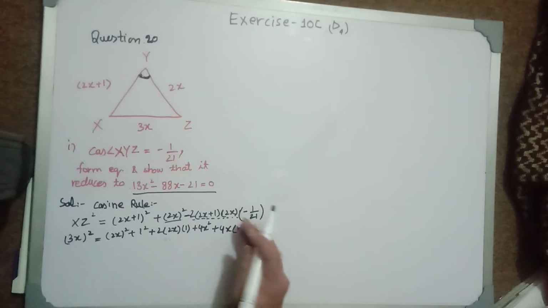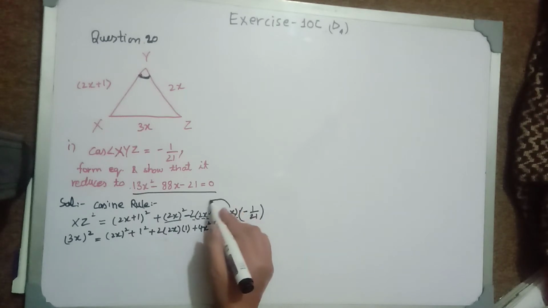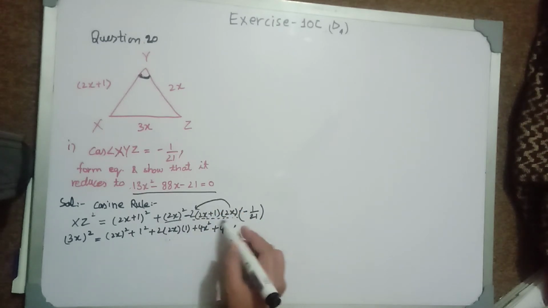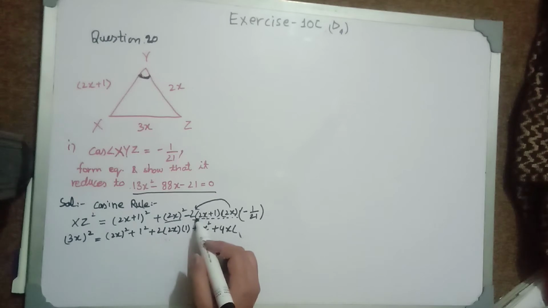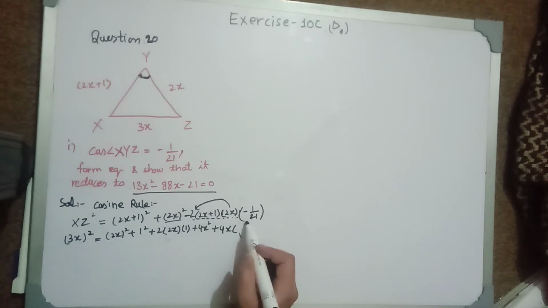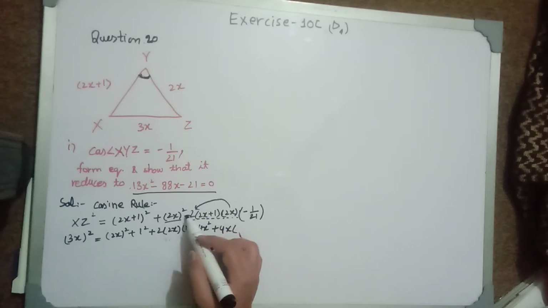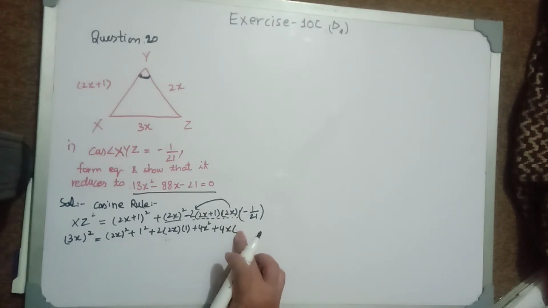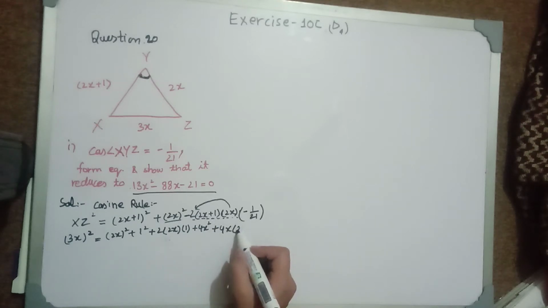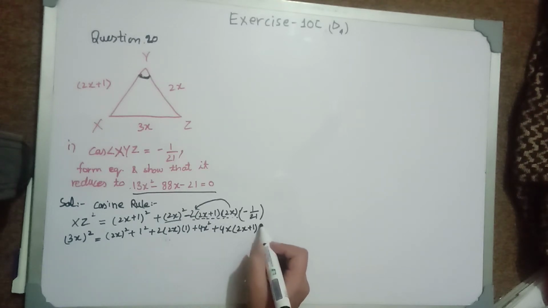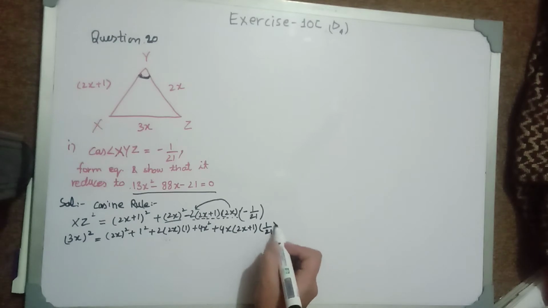This term is now left, and also plus 1/21, because the minus is also being multiplied with this minus. So now I have 4x into (2x + 1) into 1/21, right?